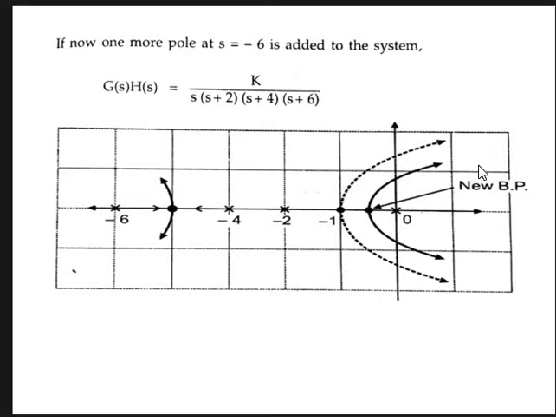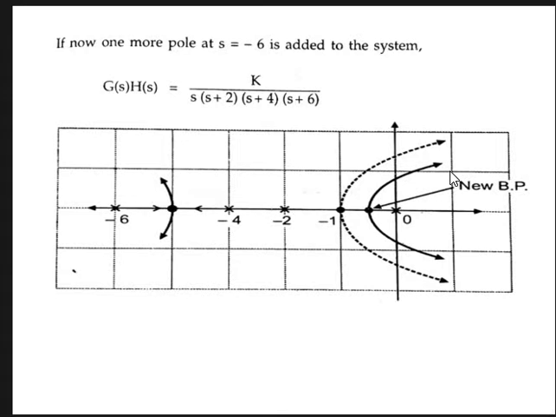That means if any root is in the right half of the s-plane, the system is unstable. Already we know when the system is stable, unstable, and marginally stable. If the roots of the characteristic equation lie in the left half of the s-plane, the system is stable.